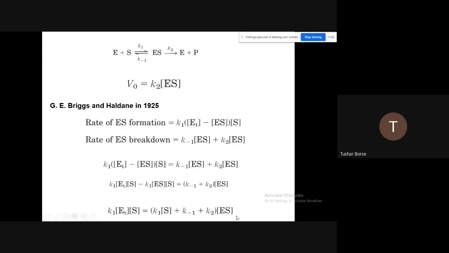Further, I have solved this equation for ES. If you solve it for ES, you get the right hand side divided by the left hand side. Then again we have made some rearrangements where all these constants are brought back in one particular bracket.